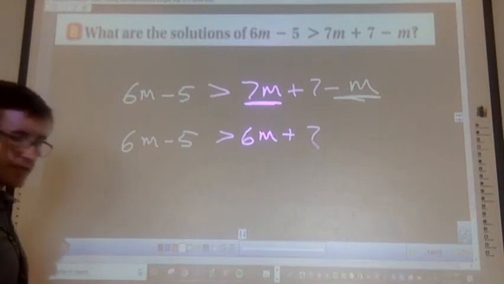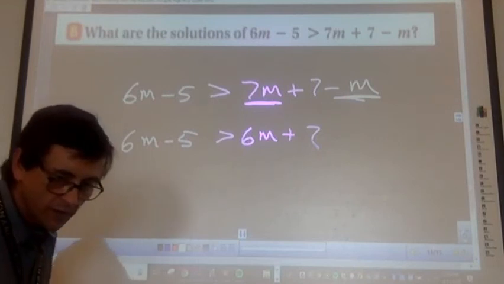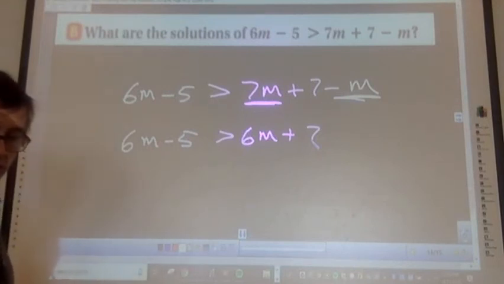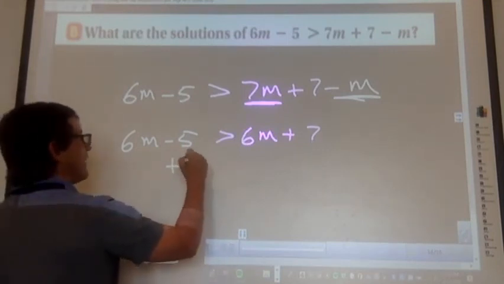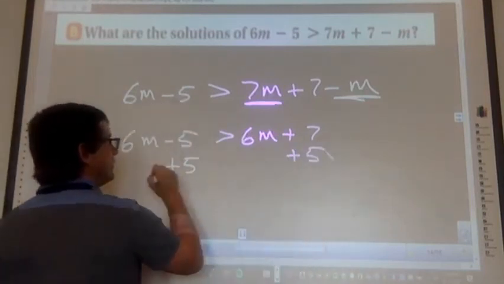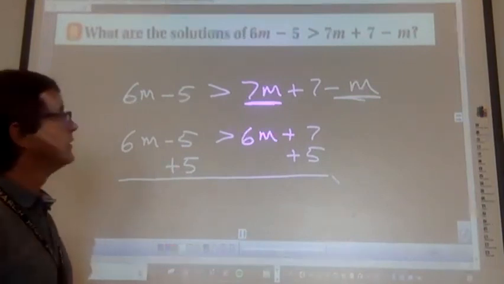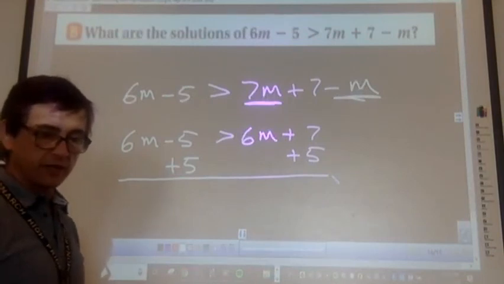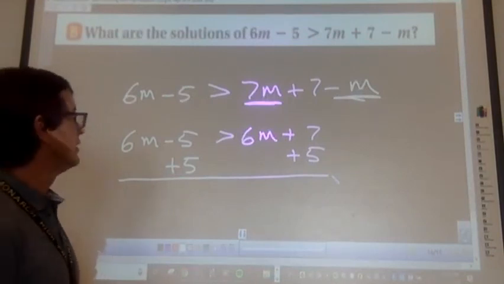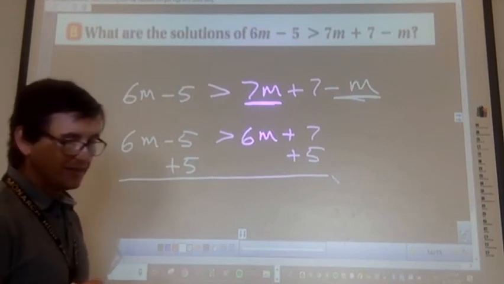What would you do next? How about Cole? Add 5 to both sides. Okay, add 5, add 5. Raise your hand if you had a different next step. Zasha, what were you going to do? I was going to subtract 6m from both sides. Yeah, subtract, sorry.